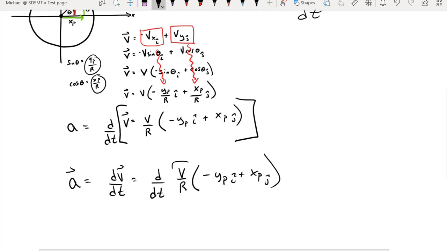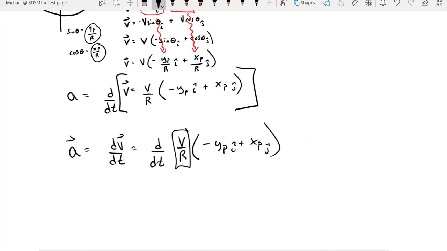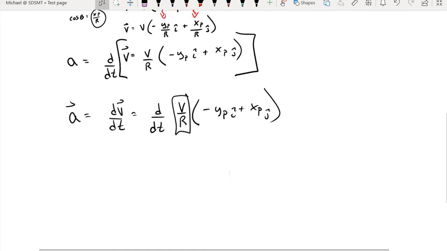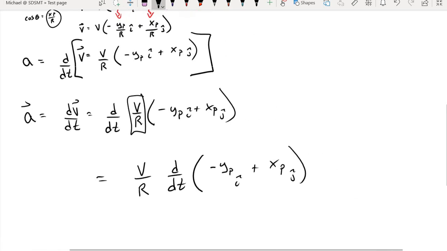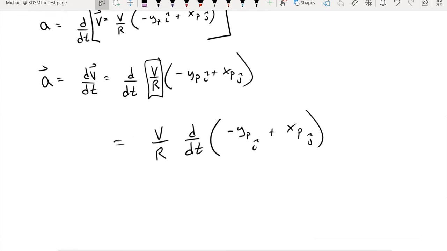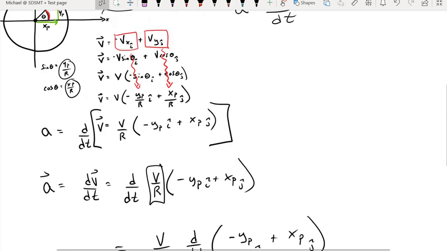Now v and r, those are constants, and they will just come along for the ride. So I'm going to pull those two out front, which means that the only thing left that we can take a derivative with respect to are the changing x and y components of our moving particle.